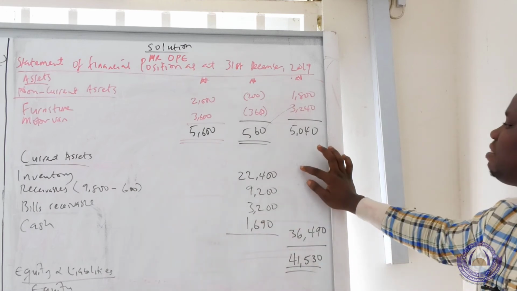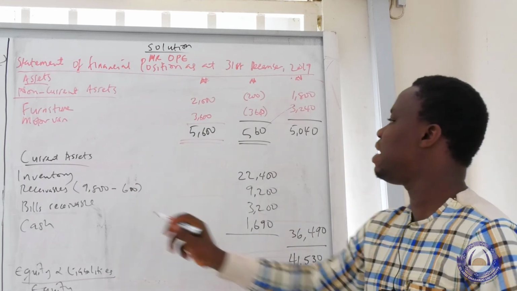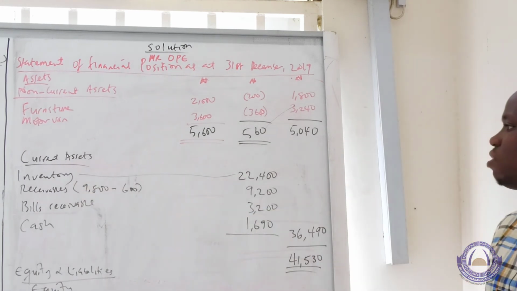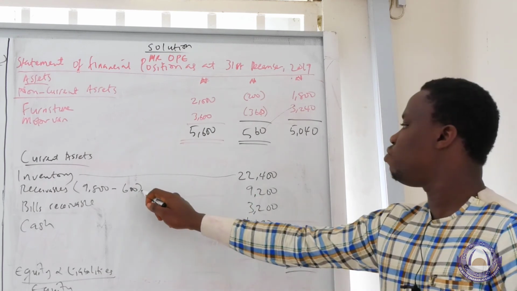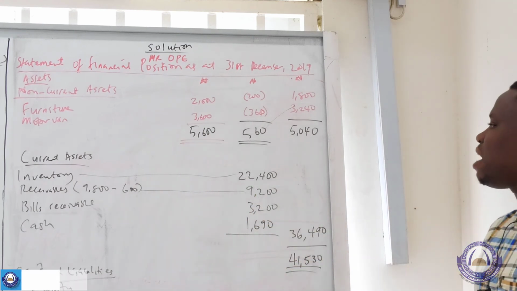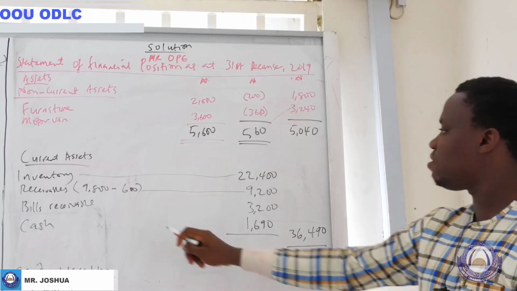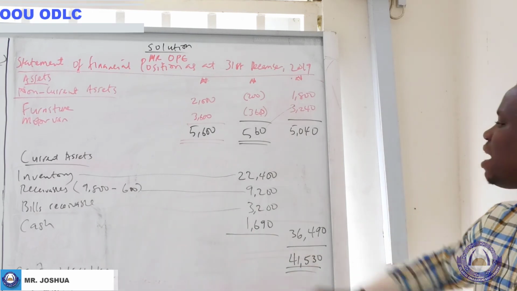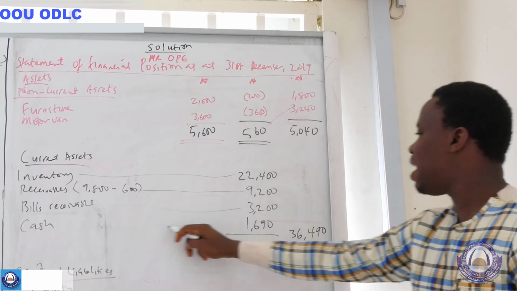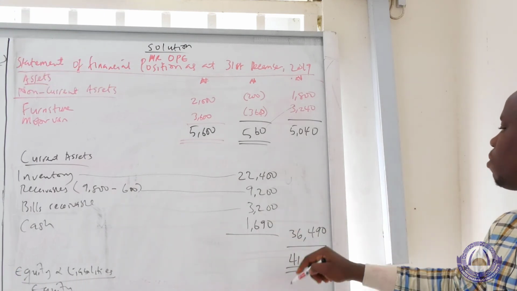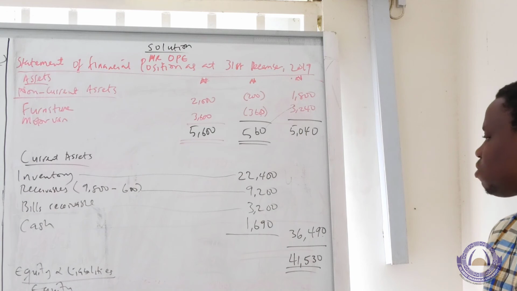The current assets, we have inventory at the end of the year to be 22,400 naira. Receivables, as explained earlier while preparing our closing statement of affairs, the bill receivable at the end of the year, the cash, if you sum all of these, we have 36,490.